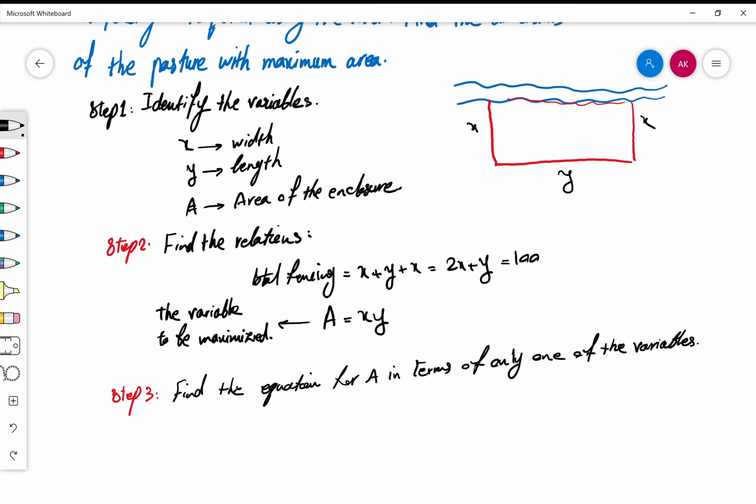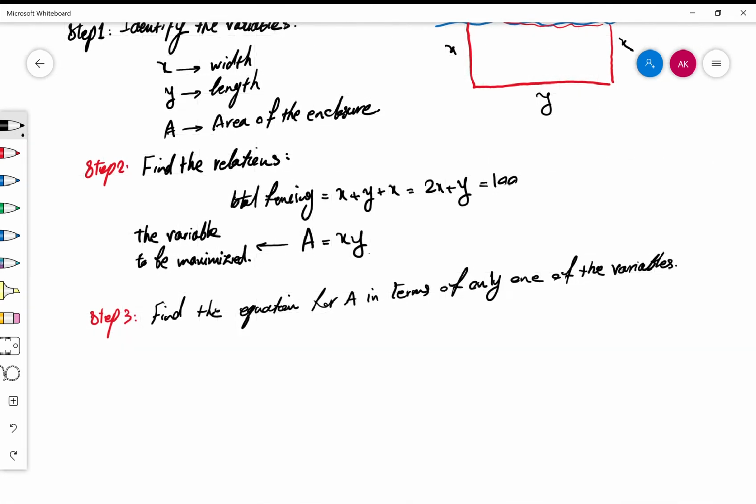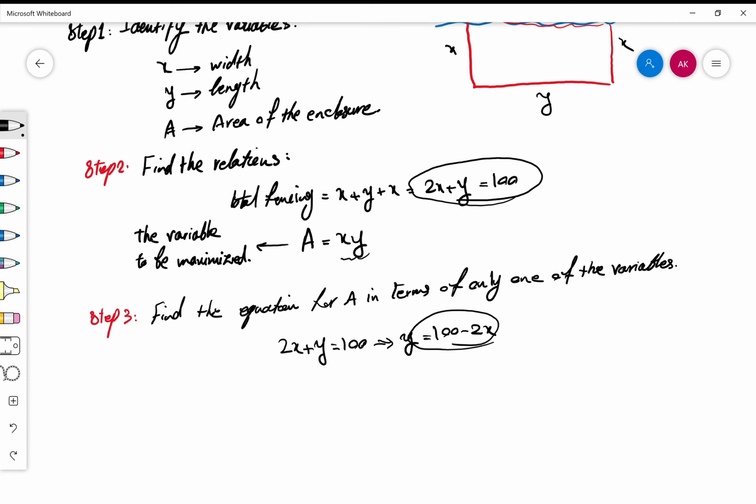Okay, so here A is now a function of x and y. We will use this equation to make a function of one of these. Well, let's say a function of x. Since we have 2x plus y equals 100, I can write y in terms of x and then take this and put it here.